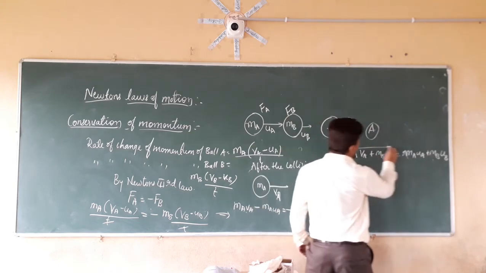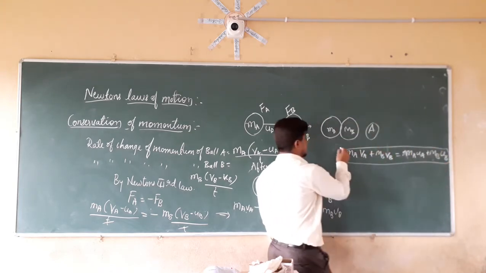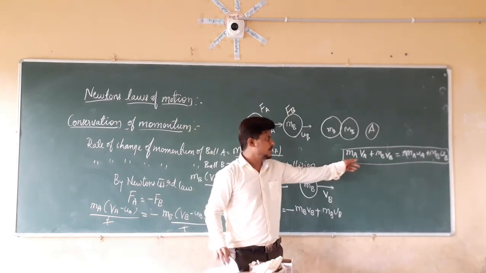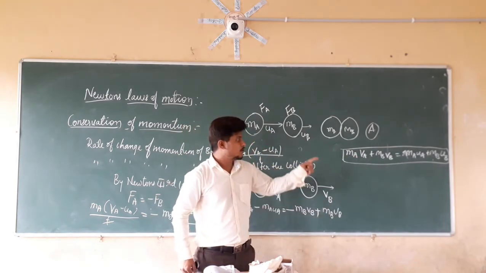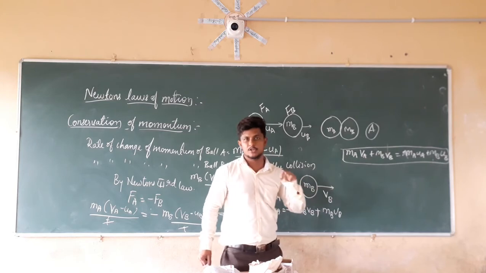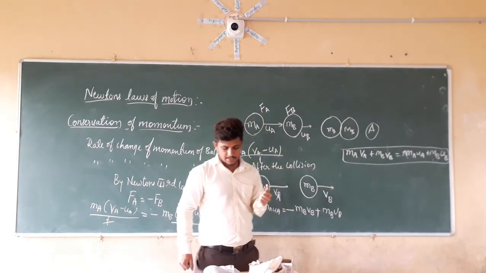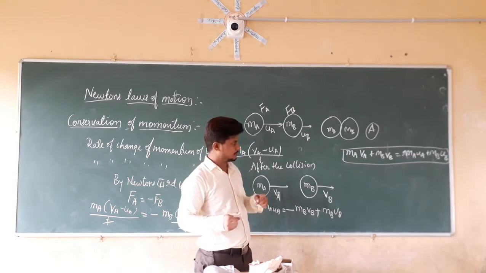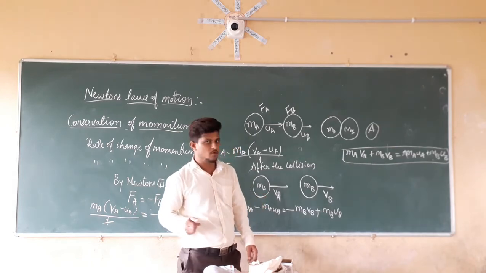This is the law of conservation of momentum, which can be given as MA into VA plus MB into VB equal to MA into UA plus MB into UB. This is nothing but the law of conservation of momentum.